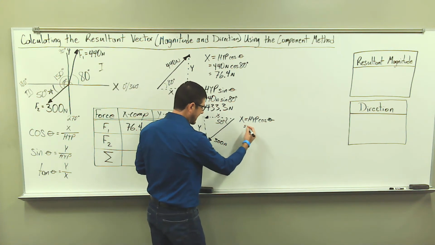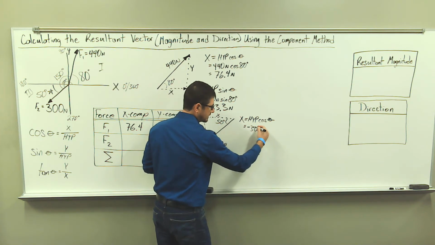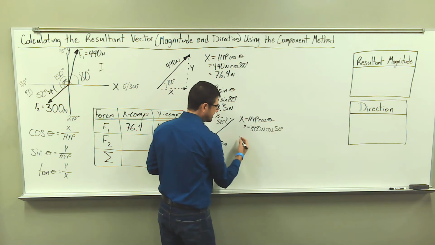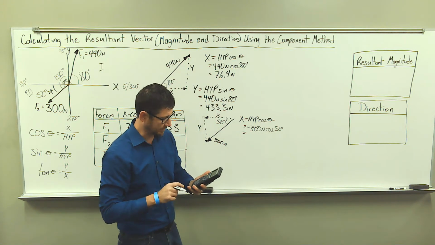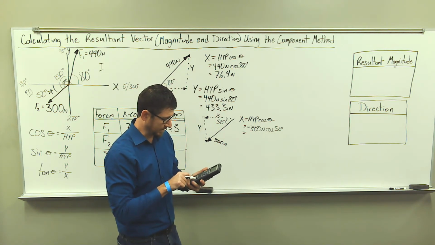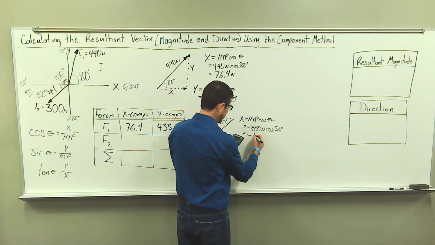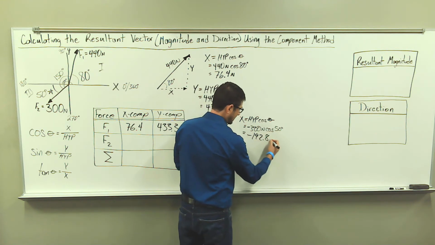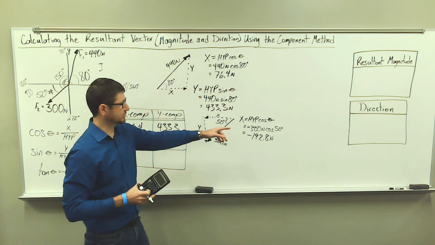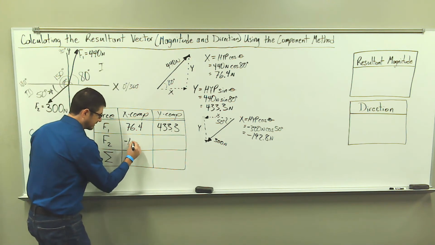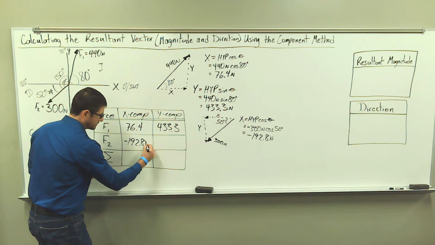So we're going to say negative 300 newtons times cosine of 50 degrees. So on your calculator, negative 300 cosine 50 degrees, I have negative 192.8 newtons. Let's transfer that calculated value into our table here, negative 192.8 newtons.